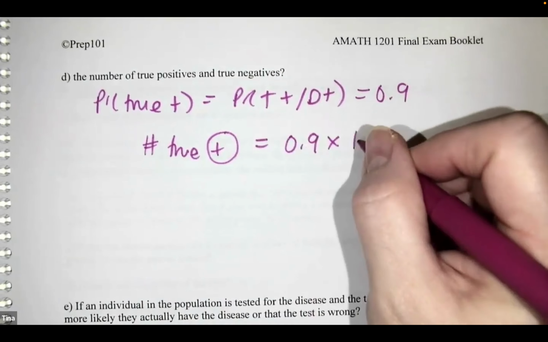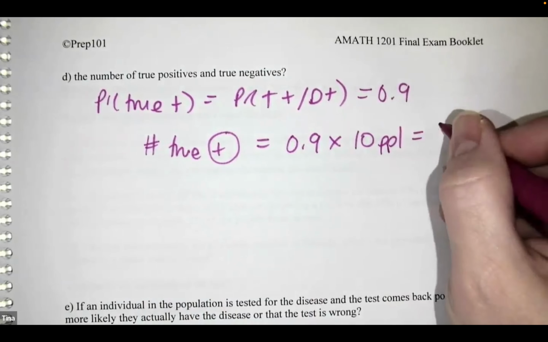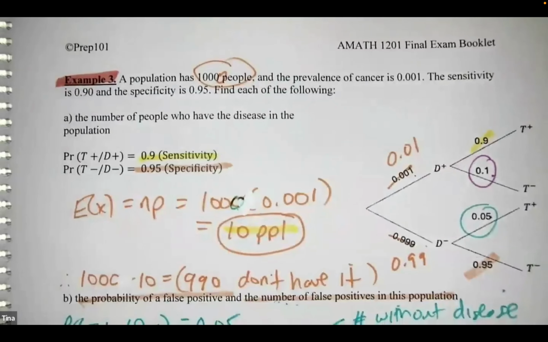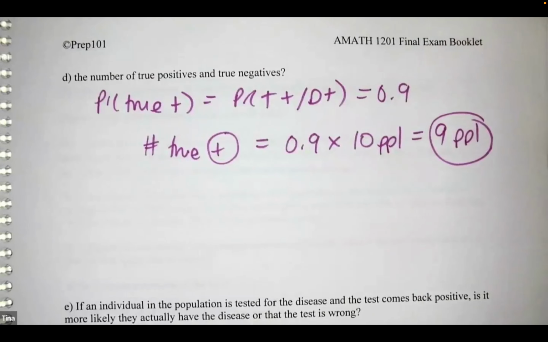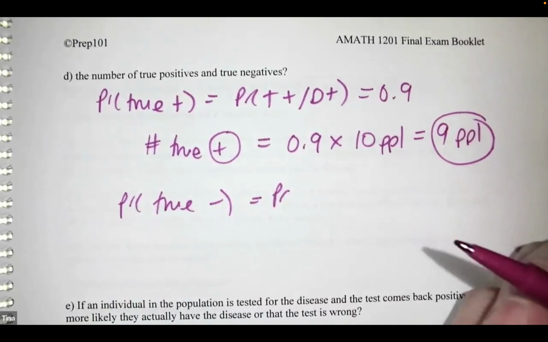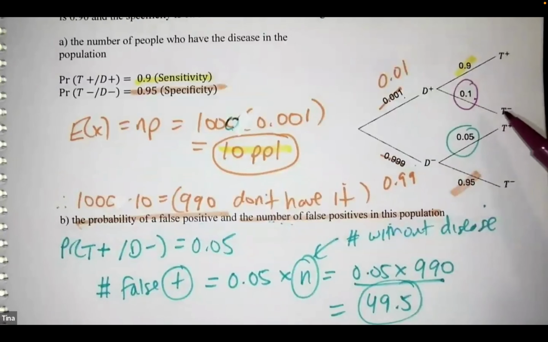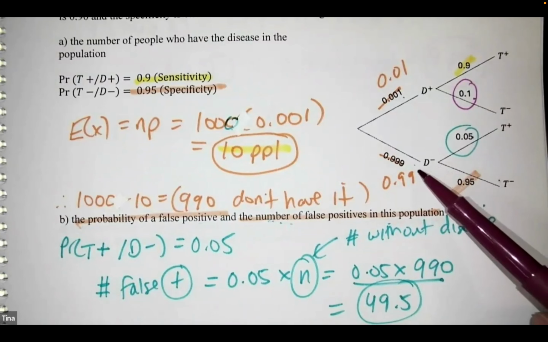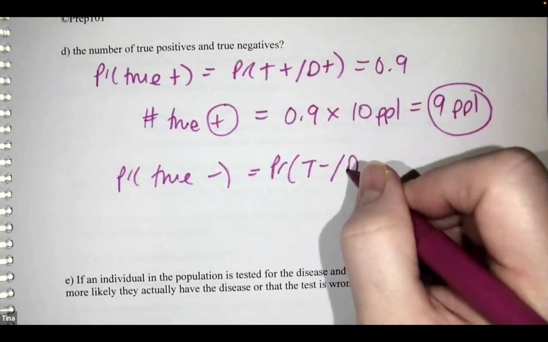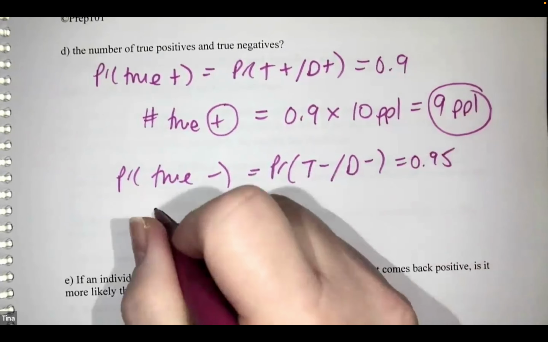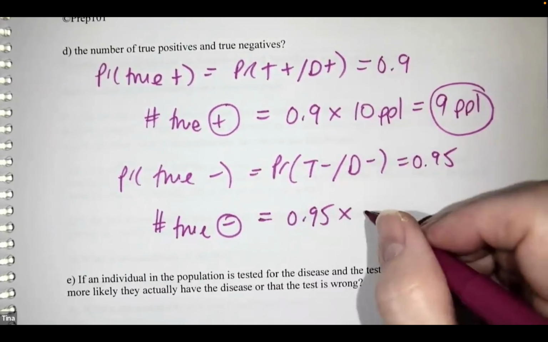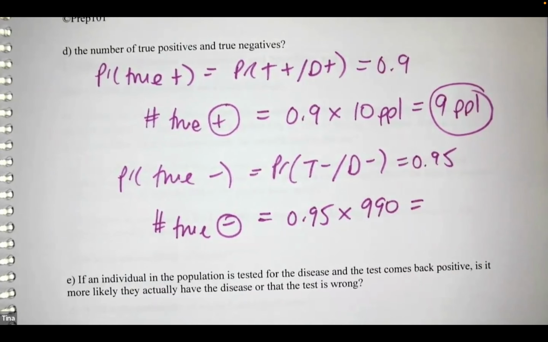Well, it'll be 0.9 times those 10 people, which is going to be 9. And then we have the probability of a true negative. Well, where's a true negative? Test negative down here, given we don't have it. So that's 0.95. So the number of true negatives is 0.95 times those 990 people.